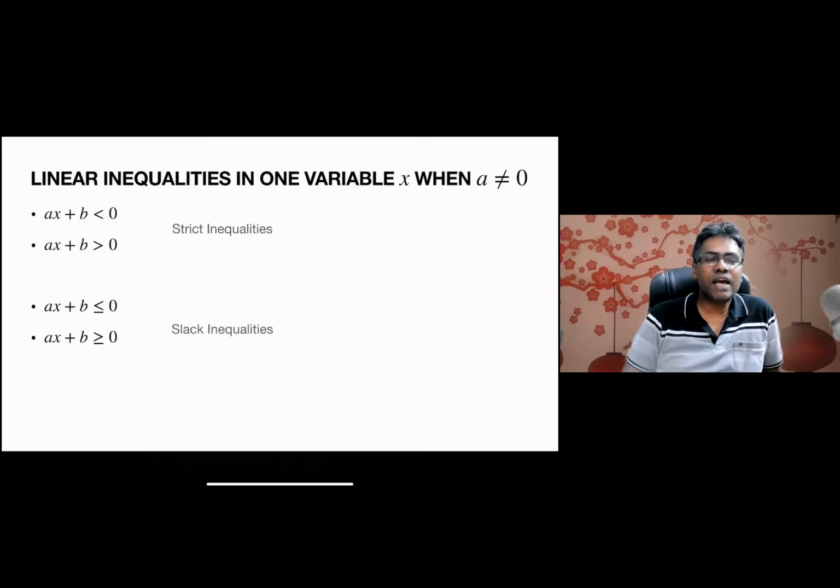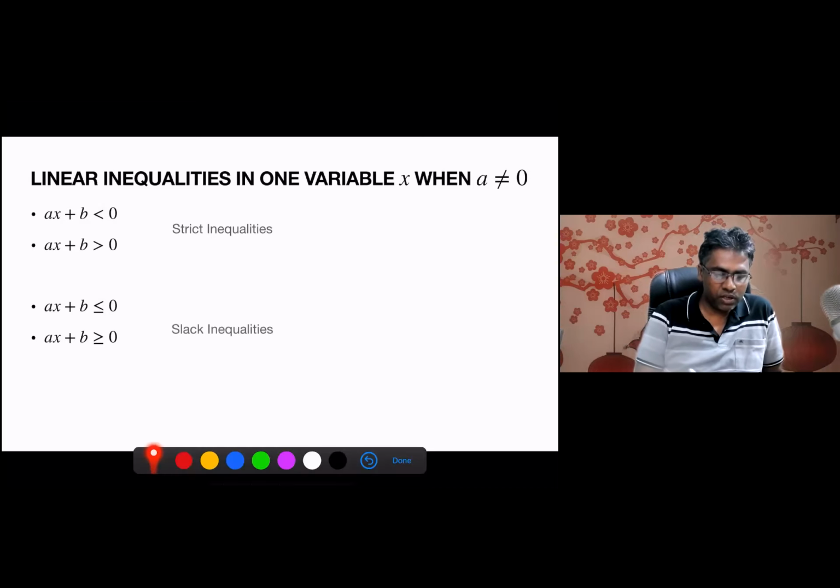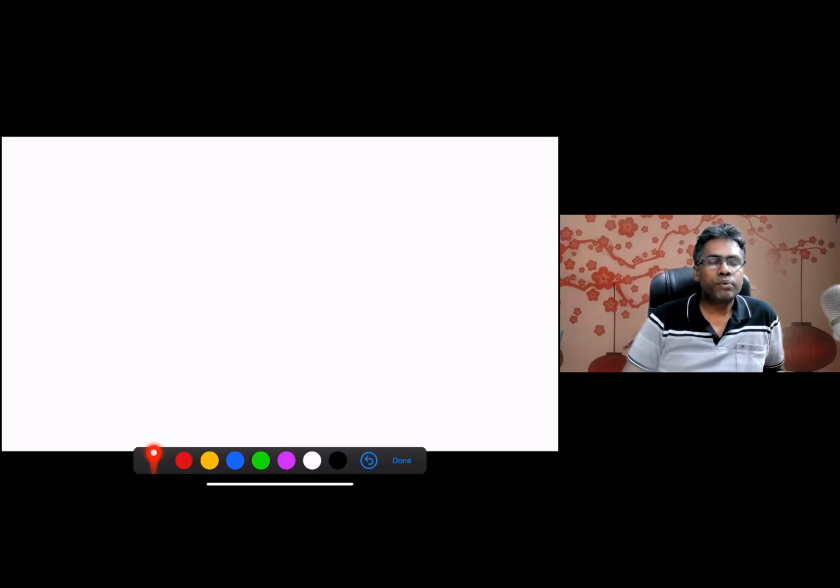They're called slack inequalities because you are allowing that less than or equal to. If you don't have that equality, they're strict inequalities. Again, it's good to know, but I think we understand, right? Yes, sir.